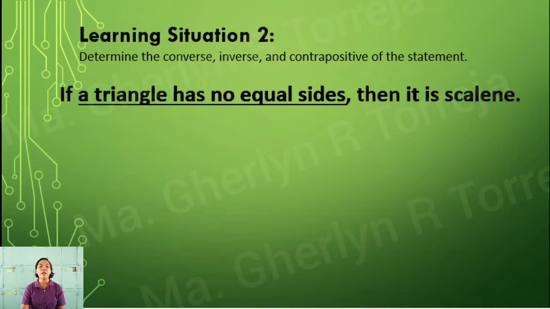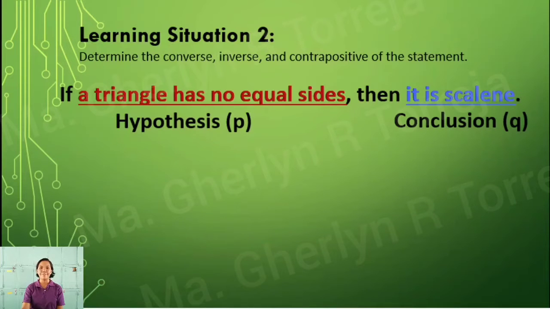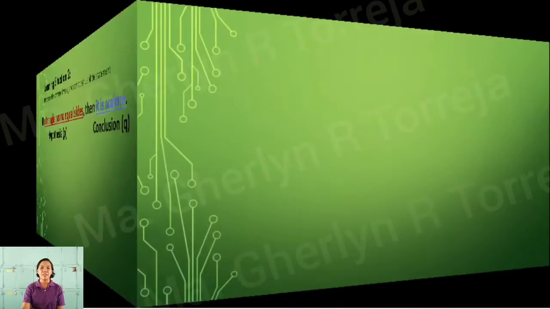So, a triangle has no equal sides is the clause after the word if. Therefore, that is our hypothesis. It is scalene is the clause after the word then. So, ibig sabihin, siya ang ating conclusion. Magaling.